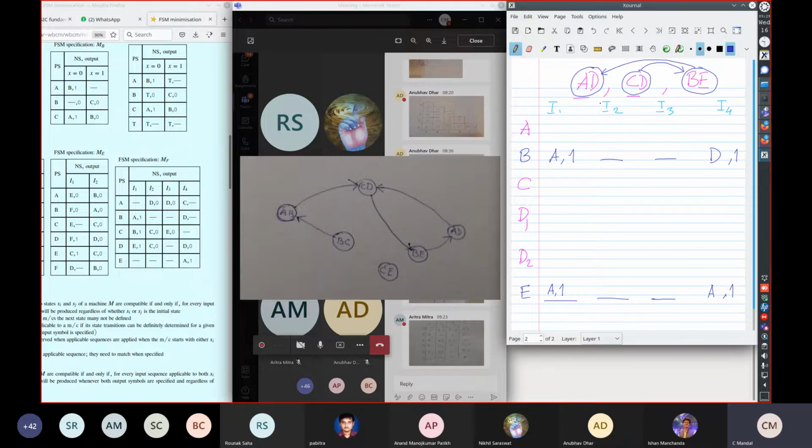CD depends on BE, BE depends on AD, and AD depends on CD. So BE depends on AD. Let us just see what he has done.